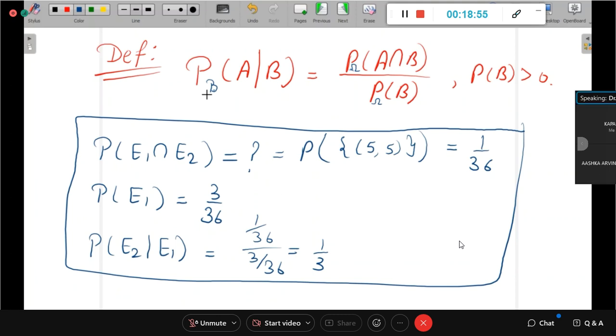It will also satisfy them with respect to B. All 3 axioms which you have studied for defining the probability, you can verify that this definition also satisfies them. Then it will follow that this is again a probability function.